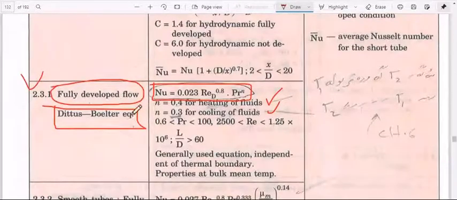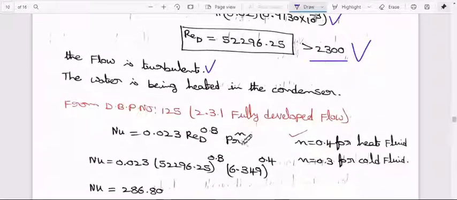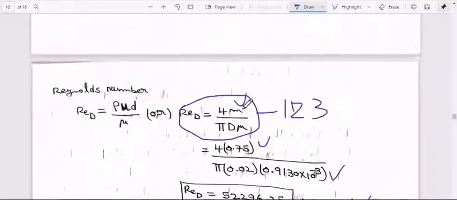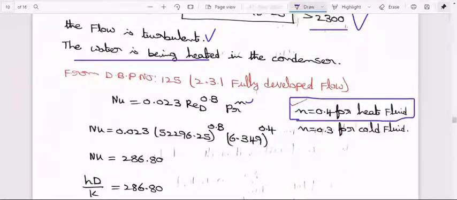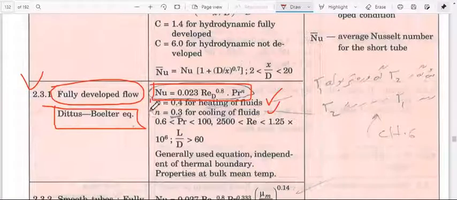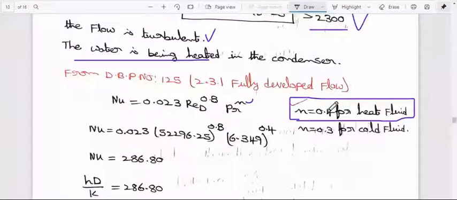That's why I'm considering the fully developed condition, the Dittus-Boelter equation, Nu equal to 0.023 RED power 0.8 Pr power n. So what is the n value? The water is heated from inlet 20 degrees to 30 degrees, so for heating of the fluid n equal to 0.4. We substitute the n value as 0.4.